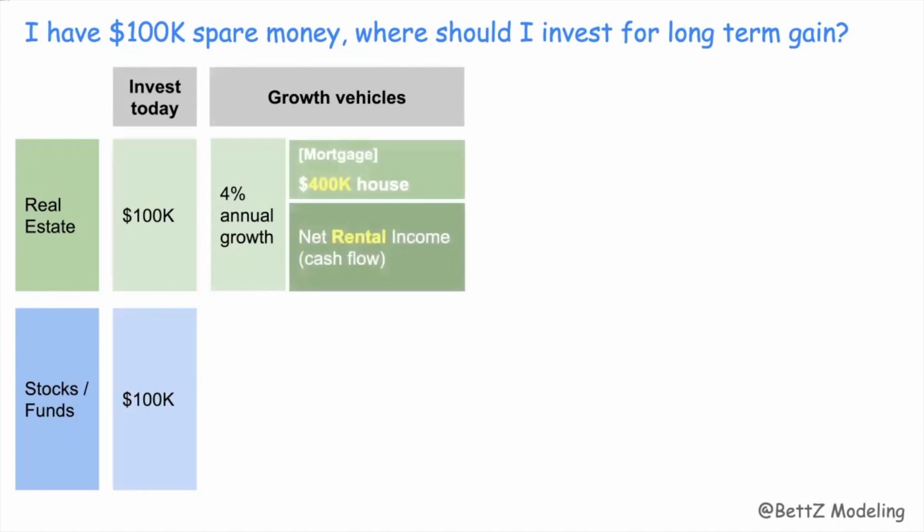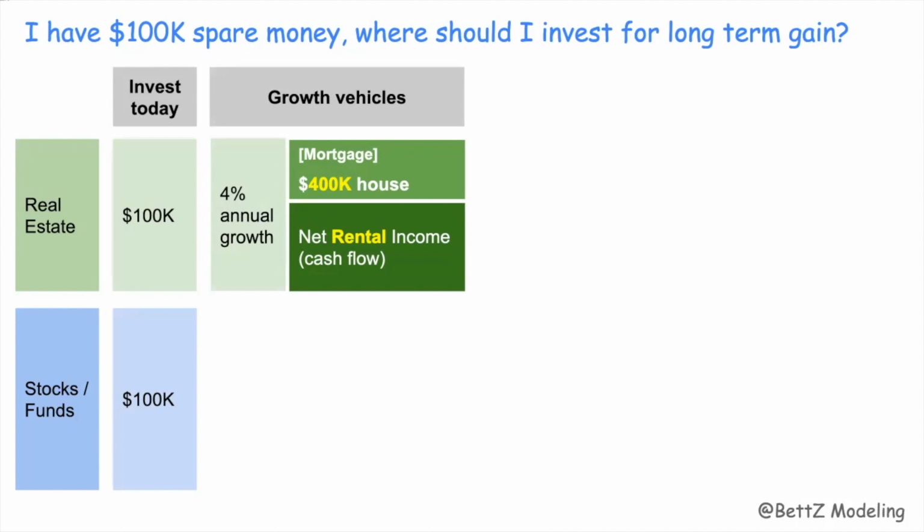Now, the interesting part comes. Firstly, if you are qualified for a 75% mortgage loan, or 300K here, immediately you can buy a 400K house. As long as the interest rate is in a reasonable range, this amplifies your investment capability.